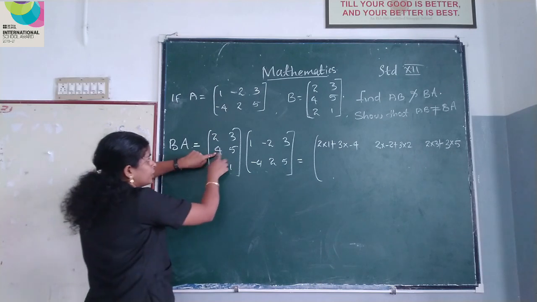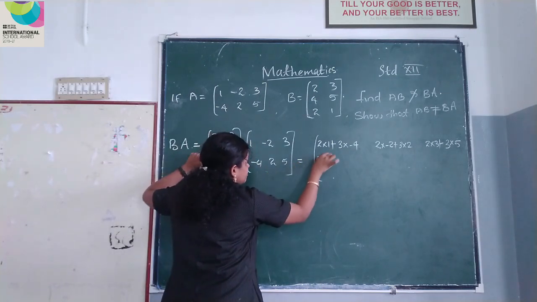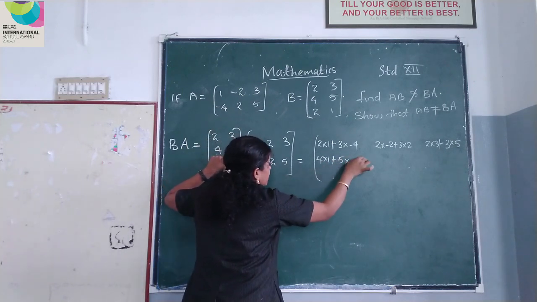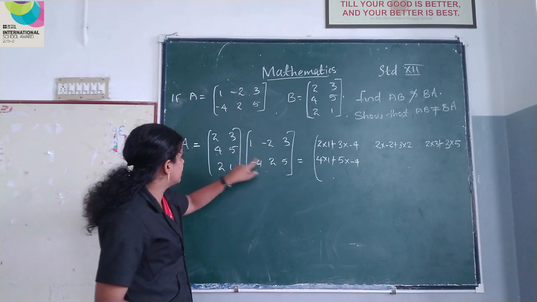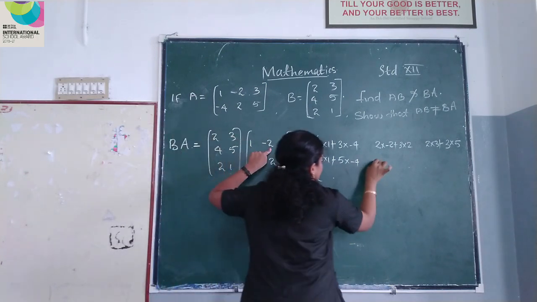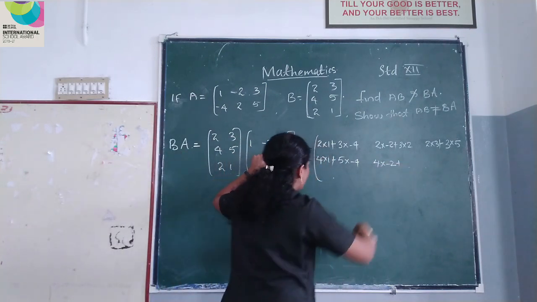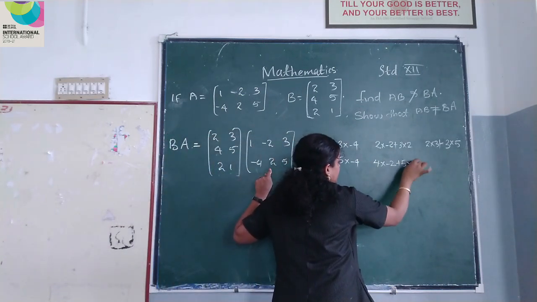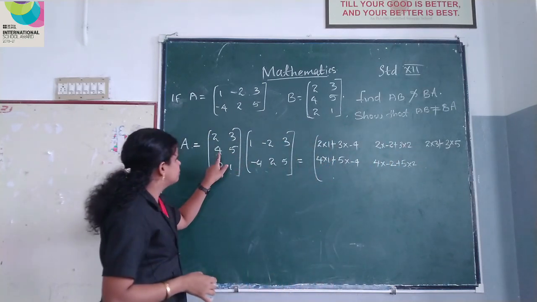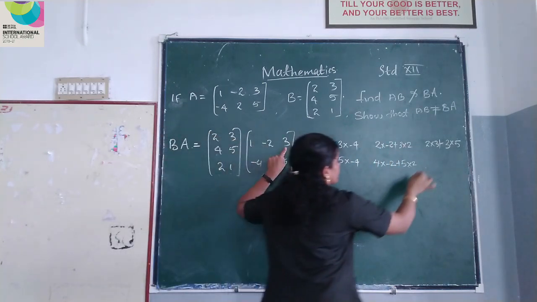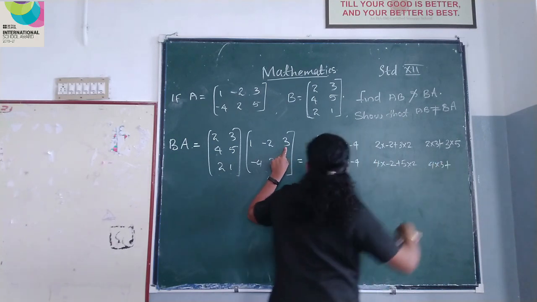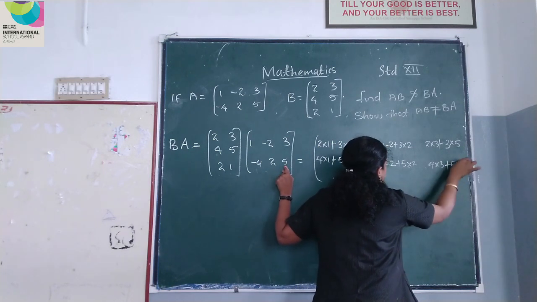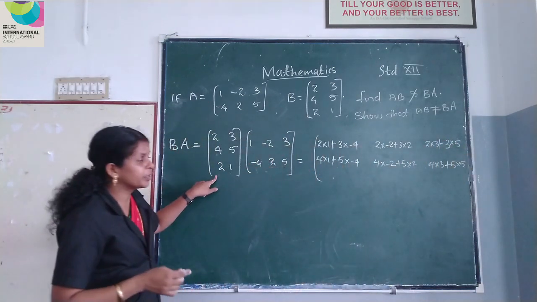That is 4 into 1 plus 5 into -4. The next one, 4 into -2 plus 5 into 2. The next one, 4 into 3 plus 5 into 5. Clear?